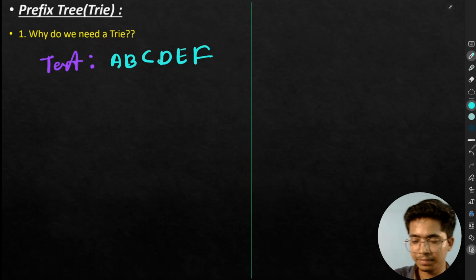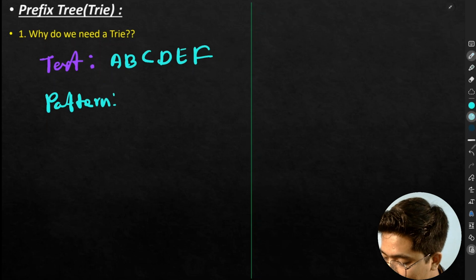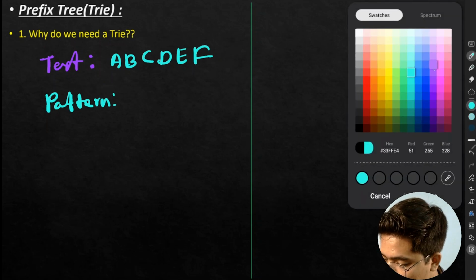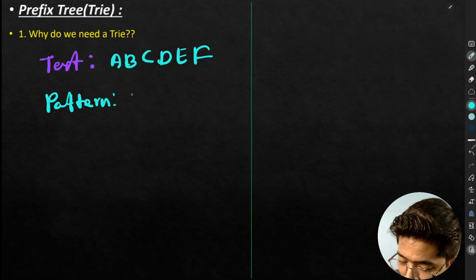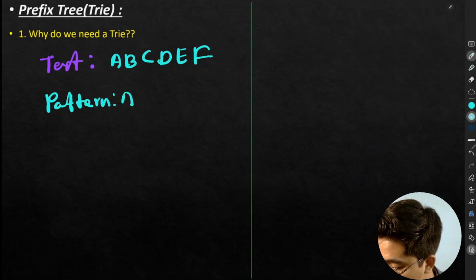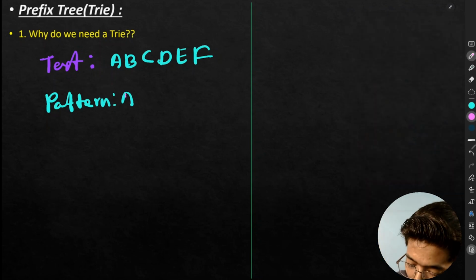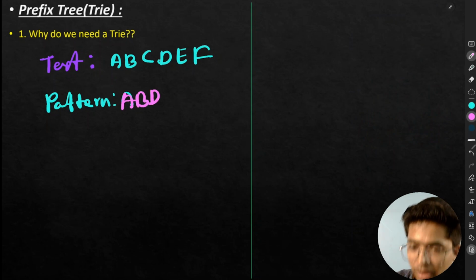Let's say the pattern is ABD. Okay, now the pattern is ABD. So how would we actually search for the pattern?